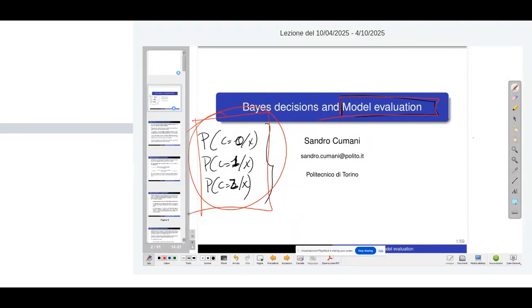We will discuss how to improve on our decisions, and we will see that the two things are closely related. We will try to perform optimal decisions and measure the goodness of these decisions in the context for which they are optimal.